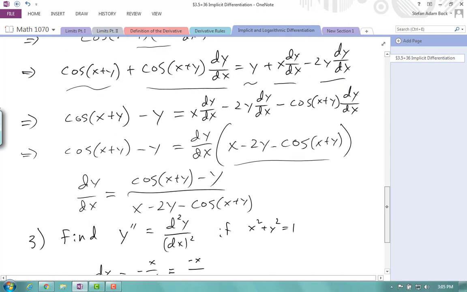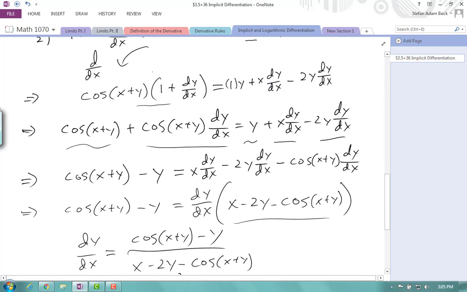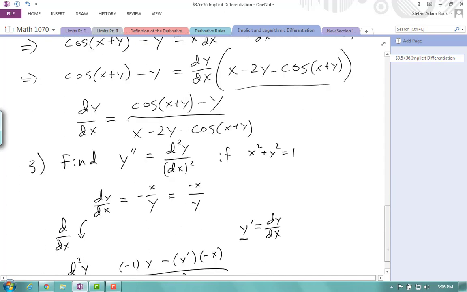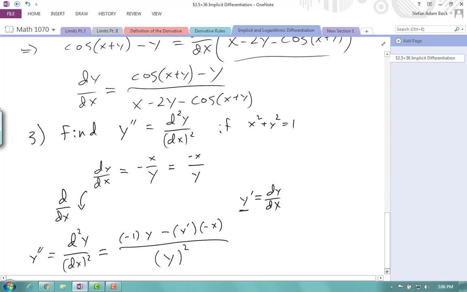So if I had done this problem up here, I'd have a cosine of x plus y times 1 plus y prime, for example. But if I'm going too fast, I feel like I'm more likely to forget to add the y prime or to write the prime on the y prime, leading to mistakes.